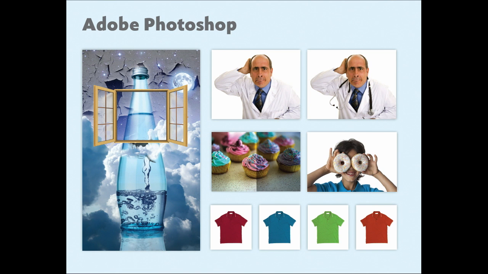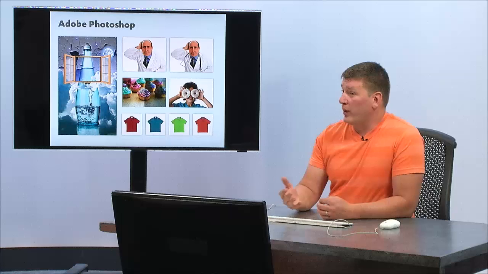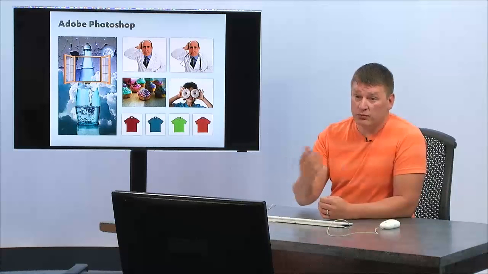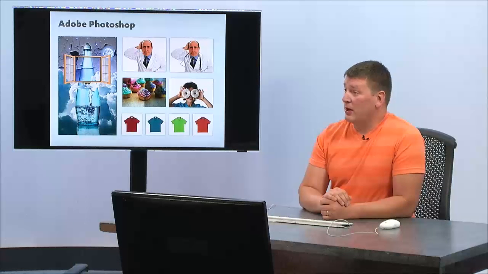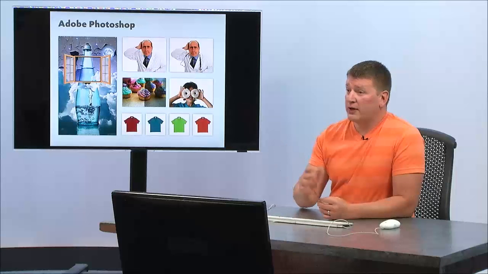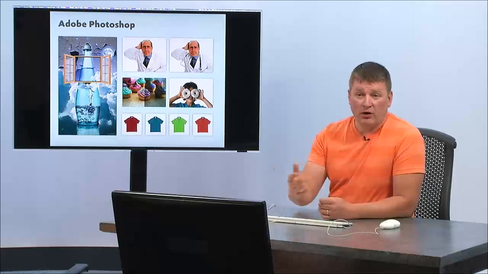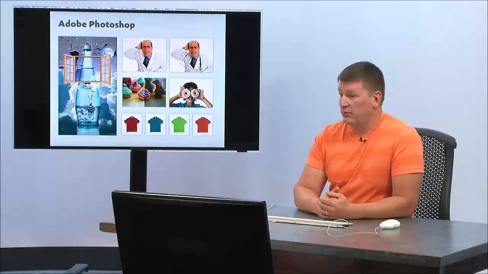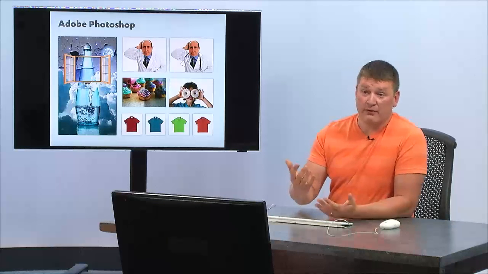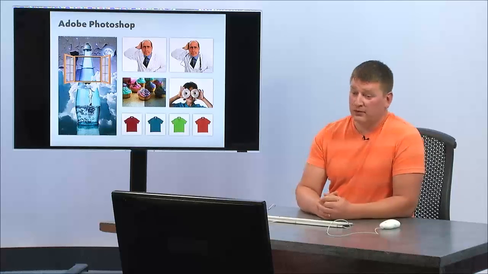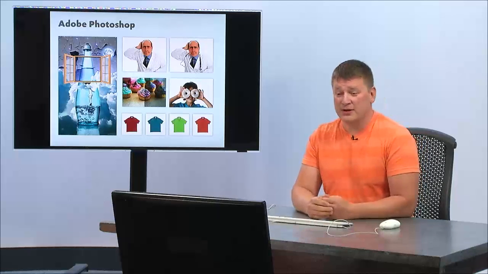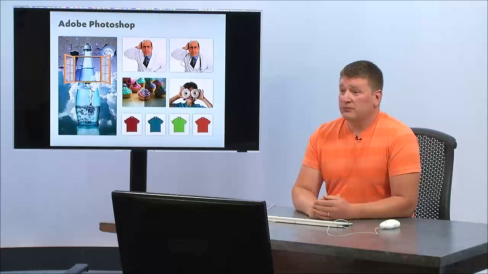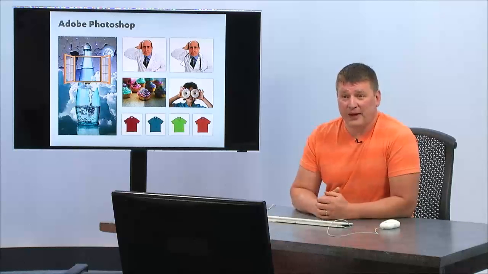We can put them into print publications, we can use them for web, we can print directly from Photoshop for any type of photo quality output that we want, web, motion graphics, user interface design. All of these Photoshop files can be output for multiple different end purposes, or just to have them in Photoshop and look pretty, like the beautiful water bottle and the surrealist look that we did. So, Photoshop, image editing, its main purpose, that's what it does.